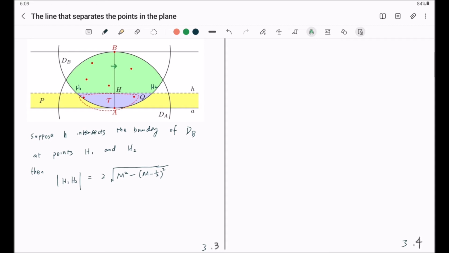So BH is of length m minus 1/2. So the line segment H1H can be computed through the Pythagorean theorem in this right triangle, because the radius BH1 is m, and the length of H1H2 is twice of this. This is very easy for you to see.